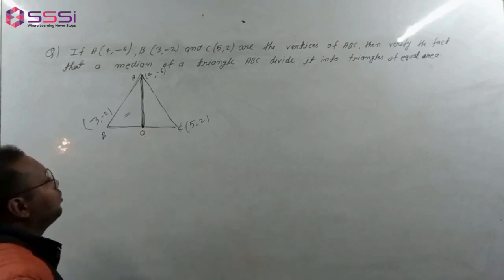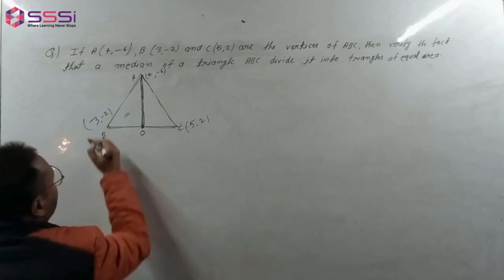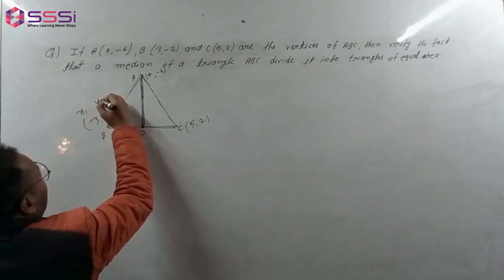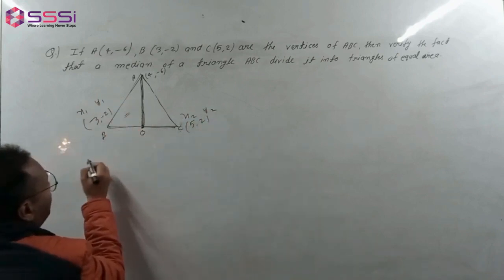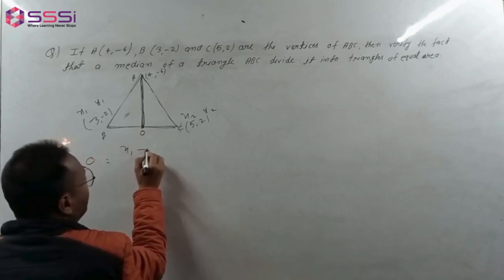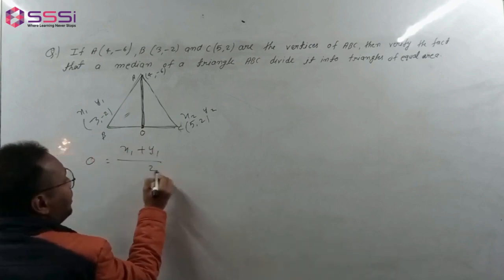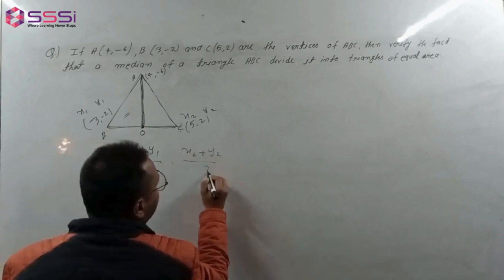So we are going to find the midpoint of this line. This is (x1, y1) and (x2, y2). So point O equals ((x1 + x2) divided by 2, (y1 + y2) divided by 2).